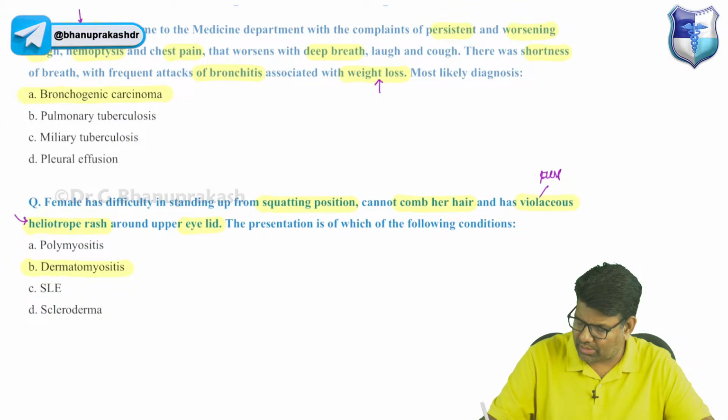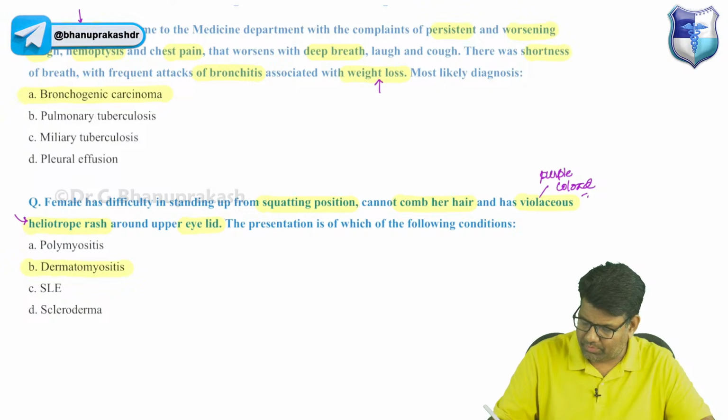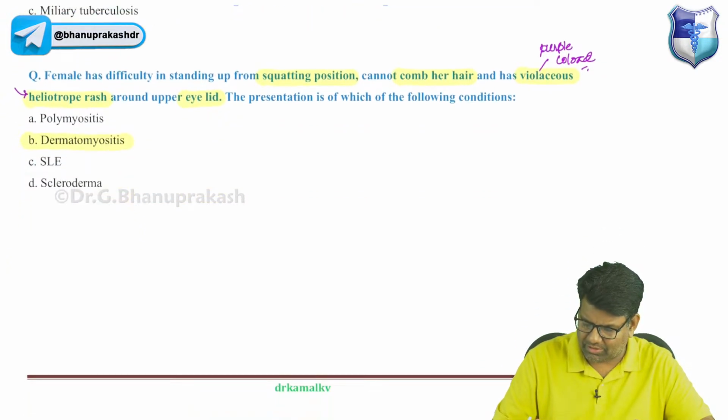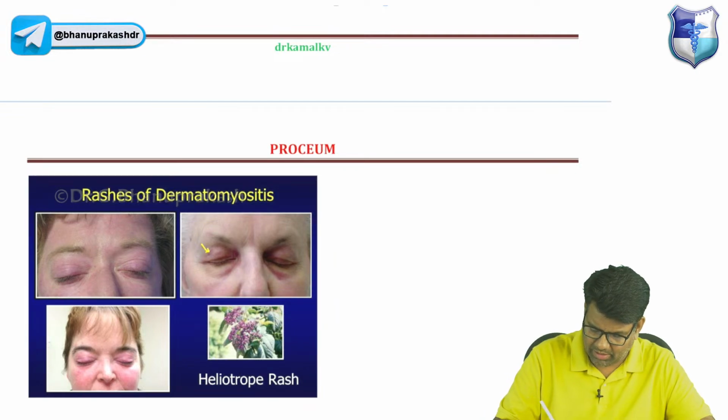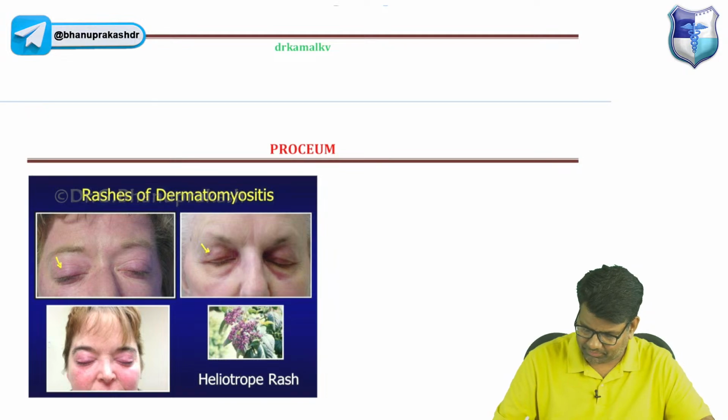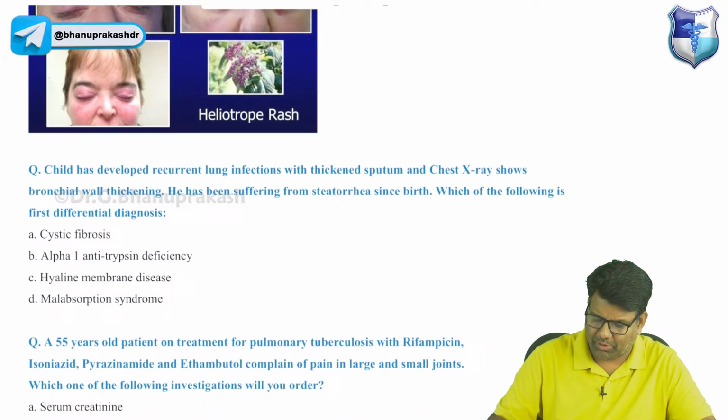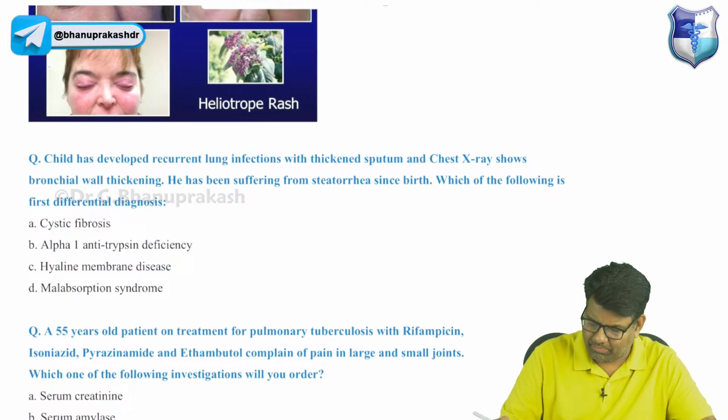Violaceous means the purple color. Dermatomyositis is what the heliotrope rash looks like, slightly purple in color. Next question.